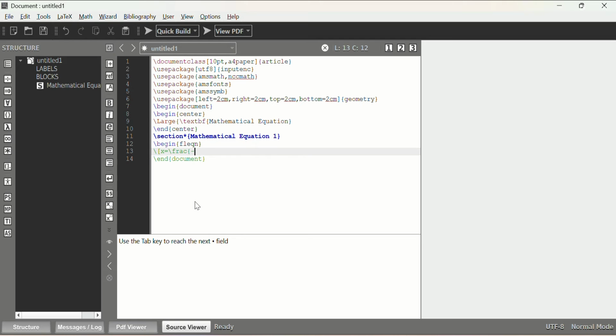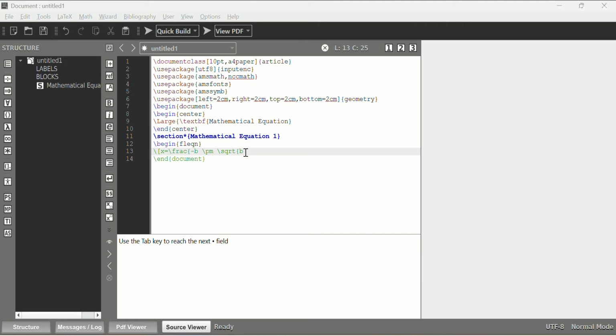Okay, so the first equation is x is equal to, since it's a fraction, that is by 2a, right? So we are giving backslash frac, and then we give the parameters, that is the numerator and the denominator, separated inside brackets. Here we have to be very careful with all the brackets. So minus b, plus or minus in LaTeX is given as pm, then square root, that is backslash sqrt, b square.